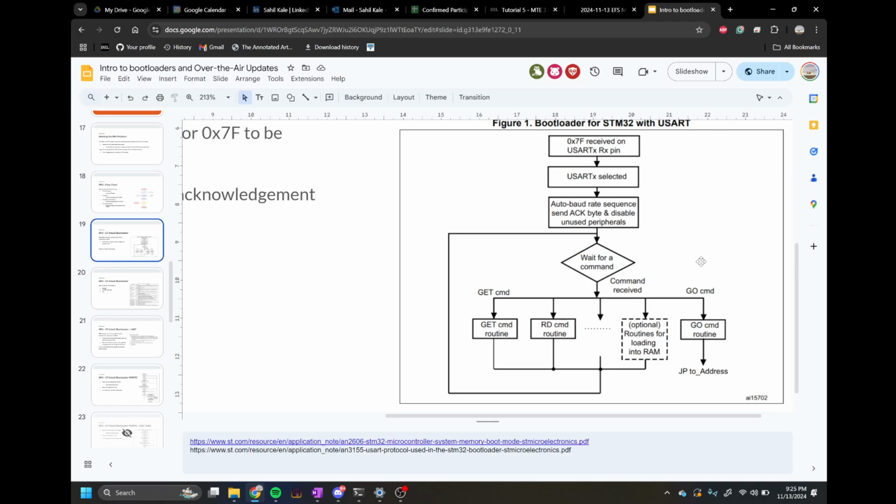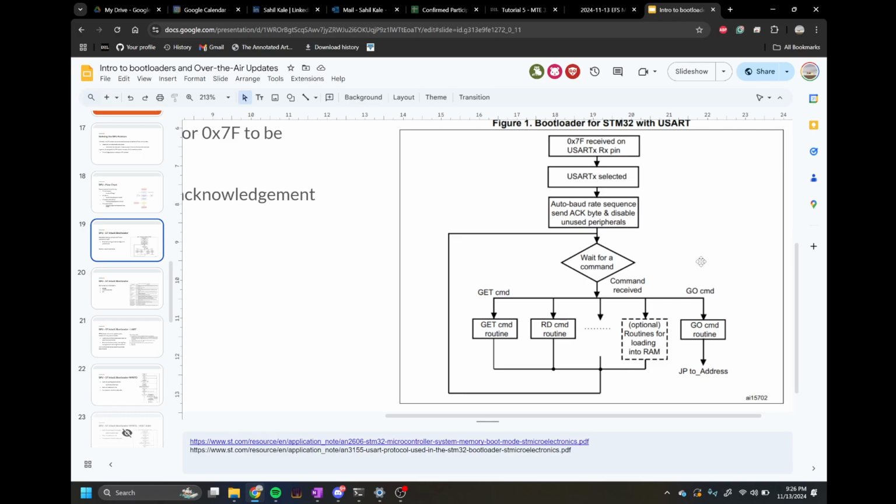In the case of ST, if you set the boot pin low or high, it might go to the internal bootloader instead of system memory. A lot of chips actually come with a bootloader for you that you can use. It's usually not sufficient for a lot of applications, but for many you can just straight up use it. It'll usually work. Lots of libraries to go for it. But yeah, the boot pin controls where you boot from, and one of those options is typically an inbuilt bootloader.